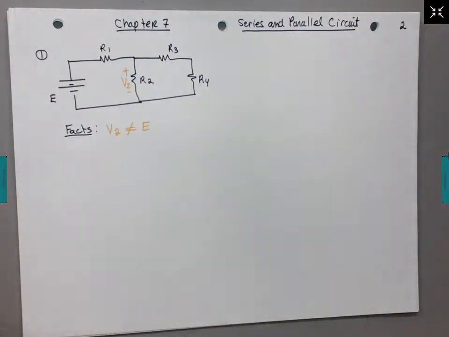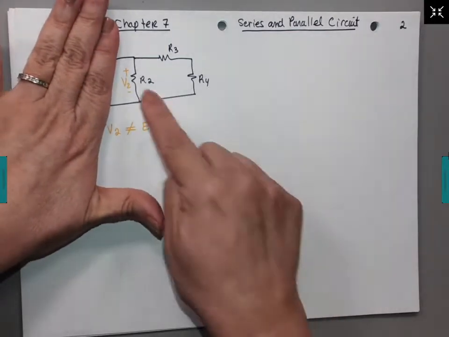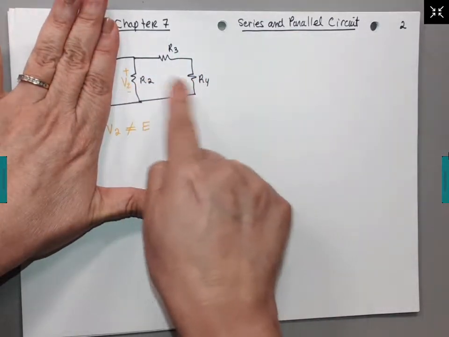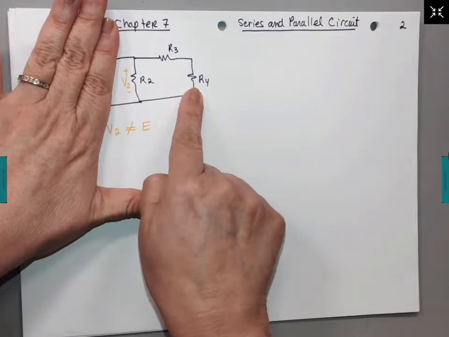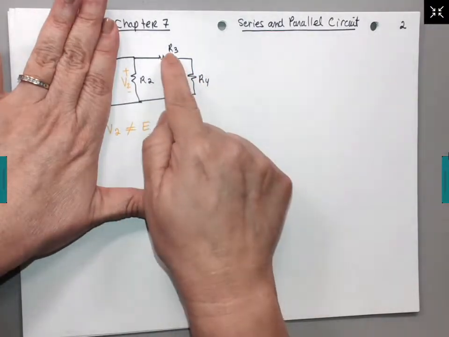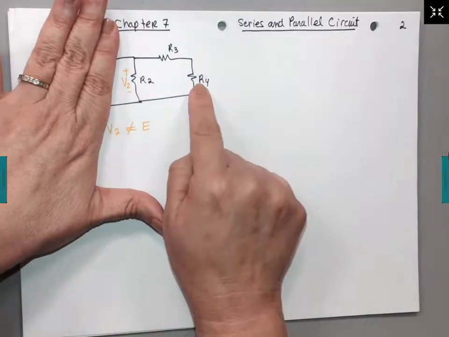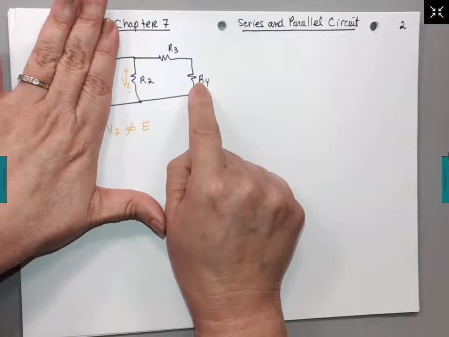This is not a purely parallel circuit. Notice that if you kind of cover this guy, he's still not really a parallel circuit. The only way he would be a purely parallel circuit is if you did something to R3 and R4. You combine them. R3 and R4 are in series.